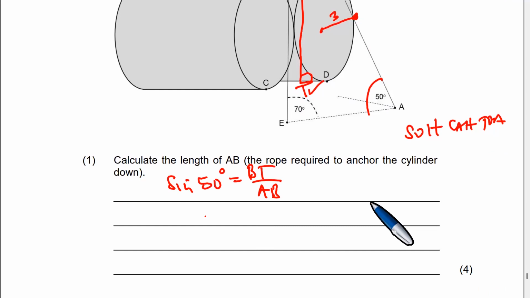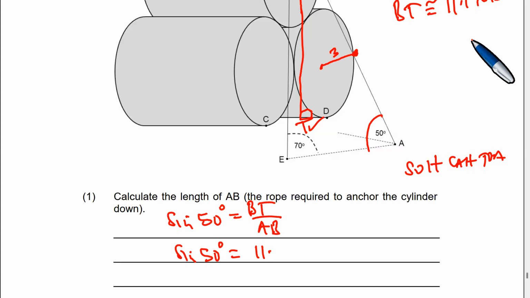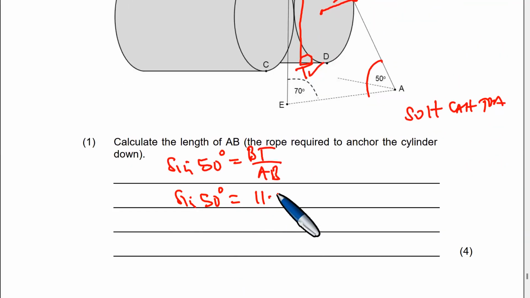The sine of 50 degrees is BT over AB. What is BT? It is 11.19, you can call it 11.2, over AB, which means AB is equal to 11.2 over the sine of 50 degrees.